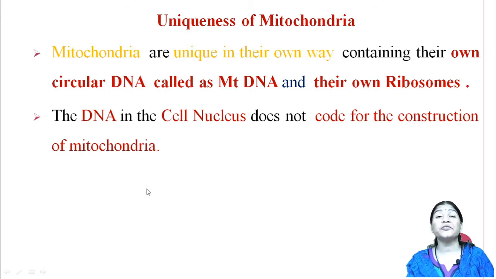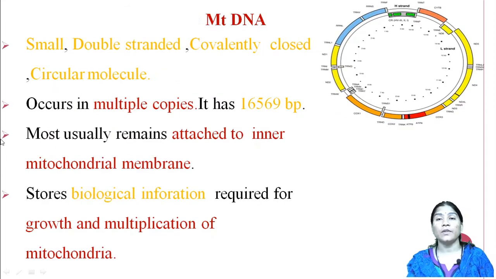Means these mitochondria have their own DNA, the mtDNA, which is responsible for the multiplication and duplication of the mitochondria. And so the DNA in the cell nucleus does not code for the construction of mitochondria.